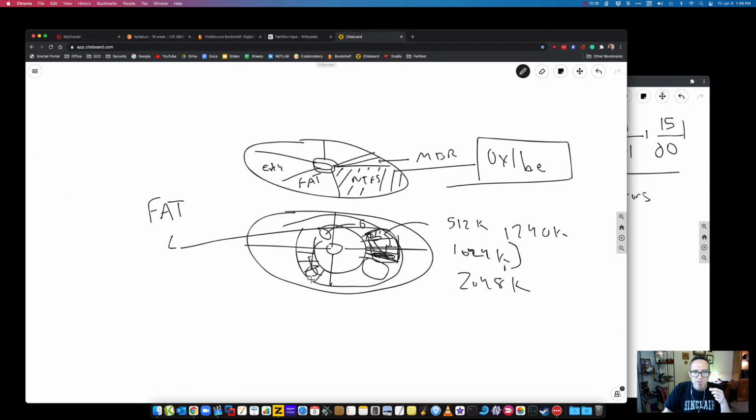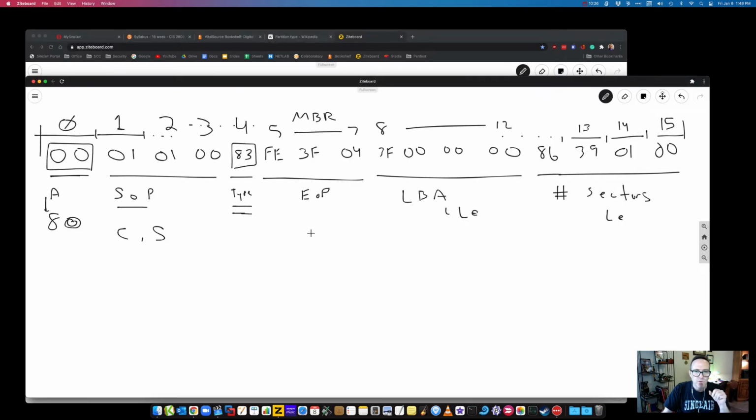Think of it this way: there's information here about where it starts, what sector, what track, and so on. That's what that holds, as well as the end of the partition. This is going to be the information about our cylinder, head, and so on. So this is going to give us the coordinates of where the start and end are and the type it is. So very important to understand what those are.